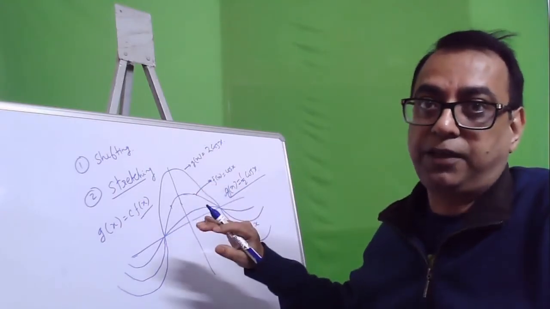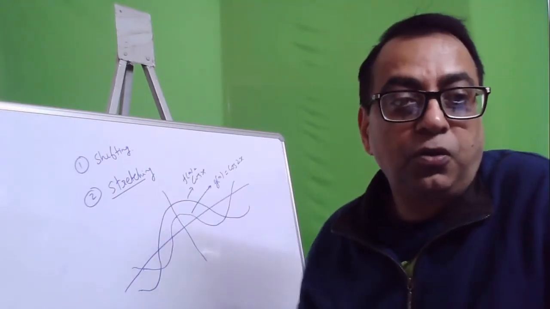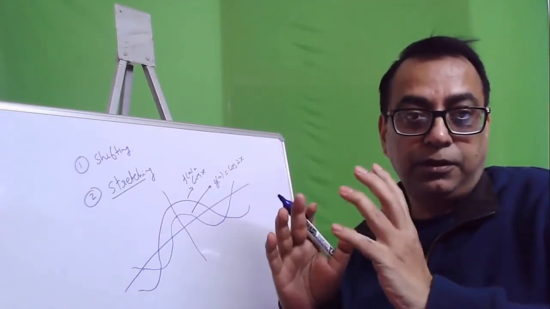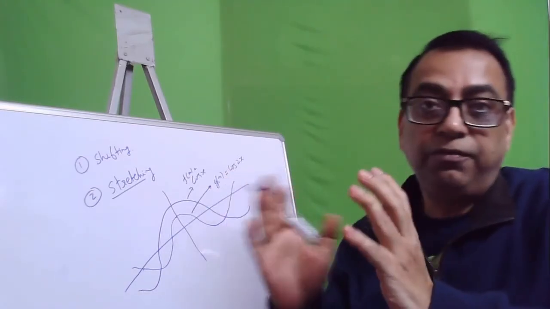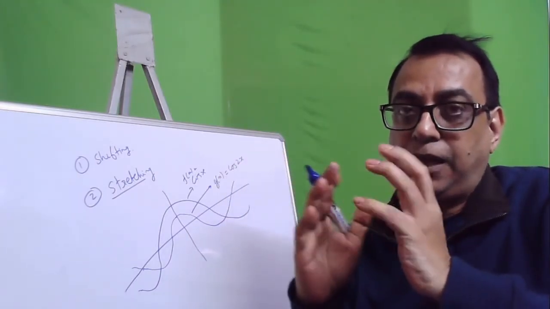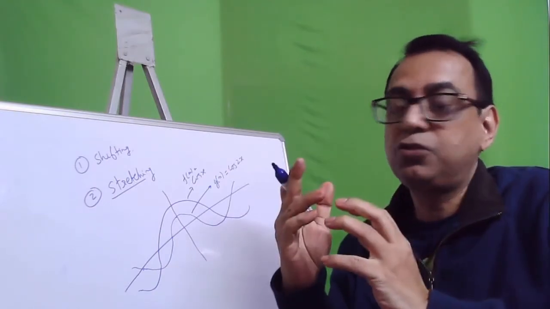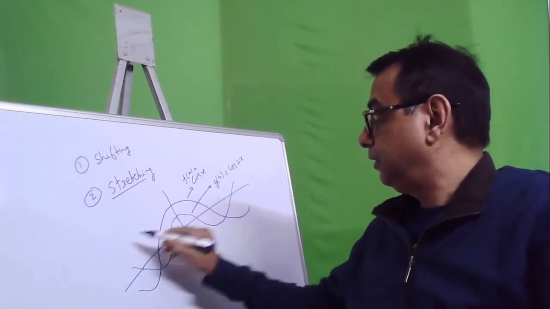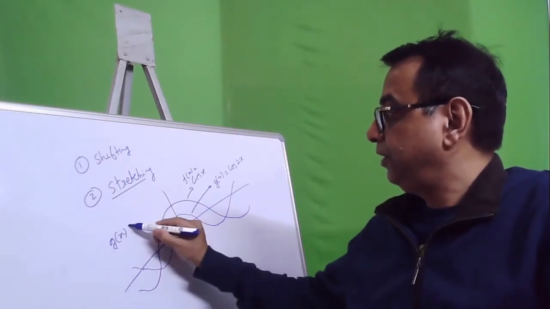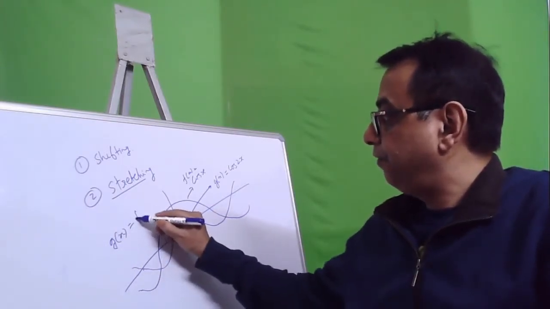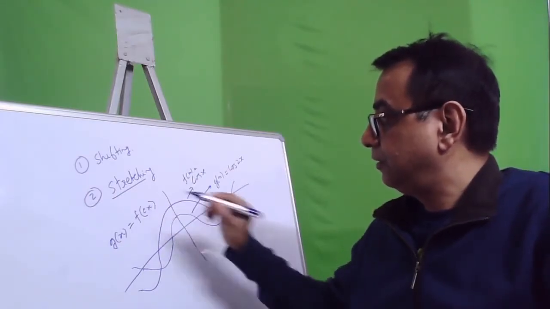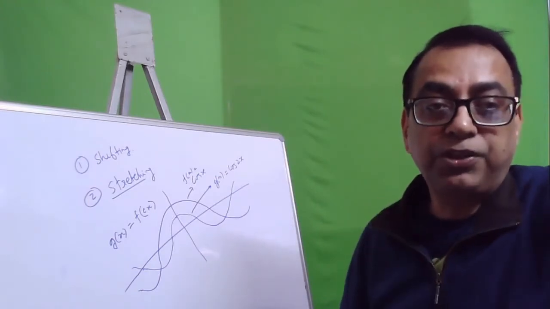What about the x-axis? When we do the stretching or compression on the x-axis, it will behave differently. When it is compressed, that means your frequency is going up. So in that case, g(x) will be f(cx), where c is the compression factor.